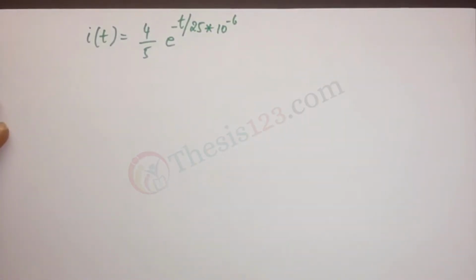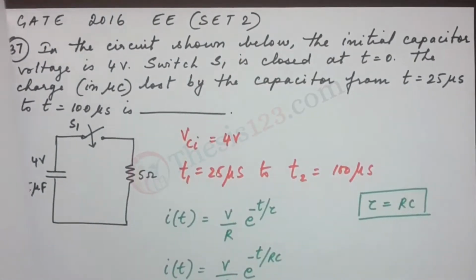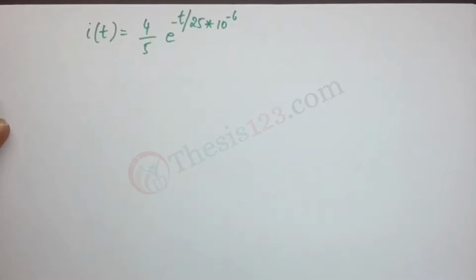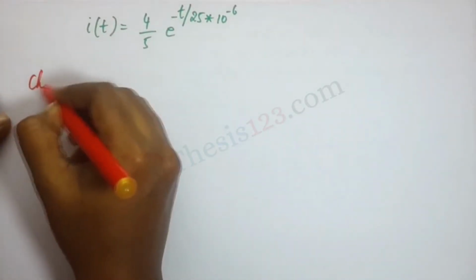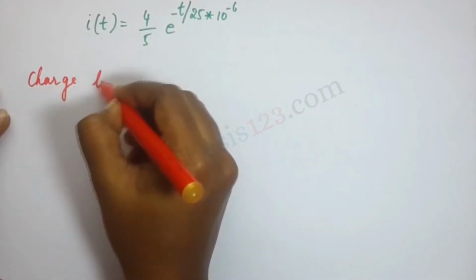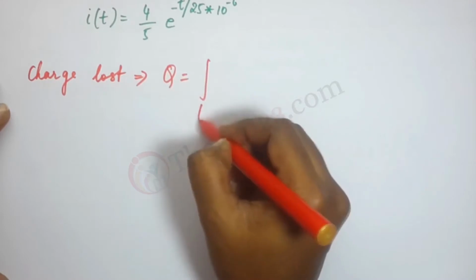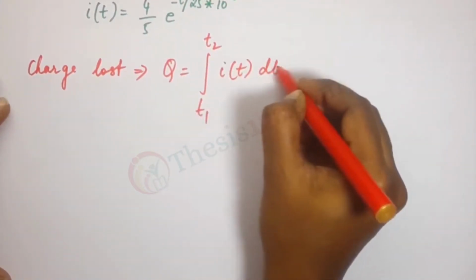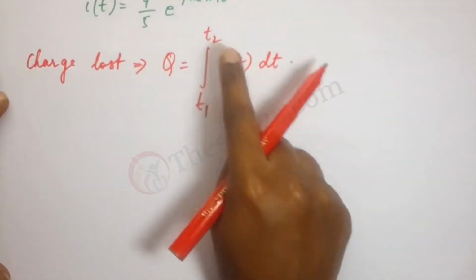Now the question tells us that we have to find out the charge. Charge is the integral of current. If we integrate current, that is what we get. So to find the charge lost, Q is equal to the integral from T1 to T2 of I of t dt. We have what T1 is and what T2 is.